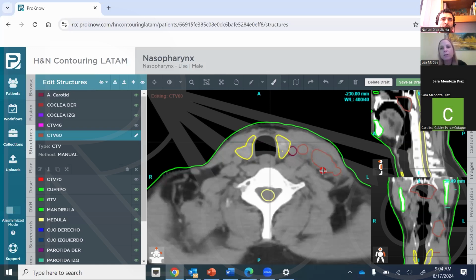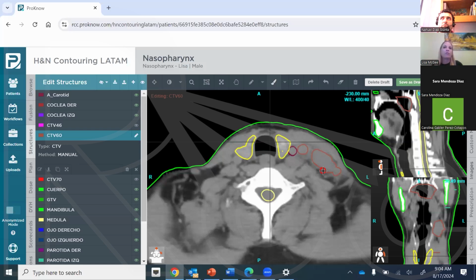What we use is a superflab bolus. We have the option of using different thicknesses. Usually for the head and neck IMRT cases, my preference is to use the 3 millimeter bolus. Basically what you're doing is hopefully you have enough information based off of your diagnostic imaging and clinical exam that you have a pretty good idea of where that bolus needs to go.